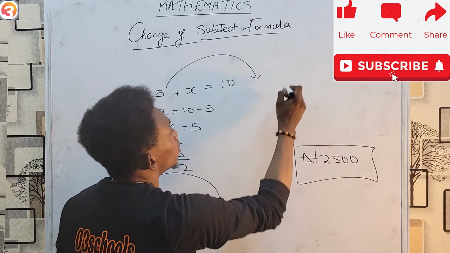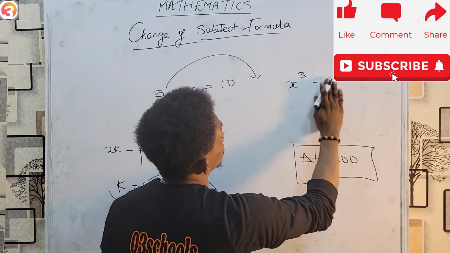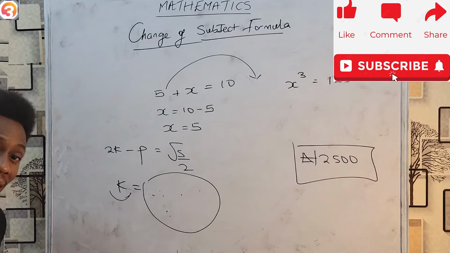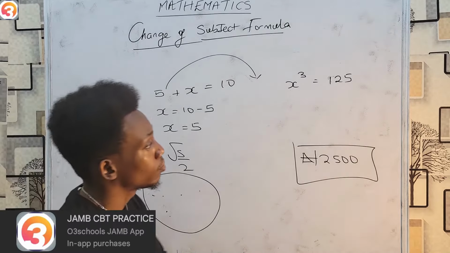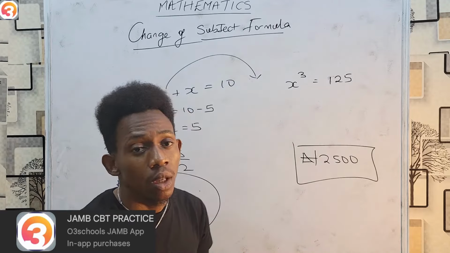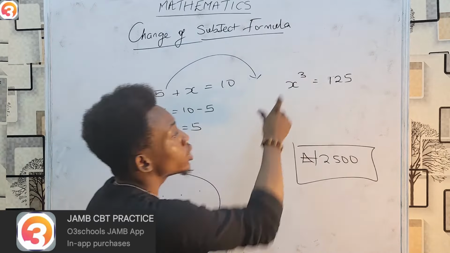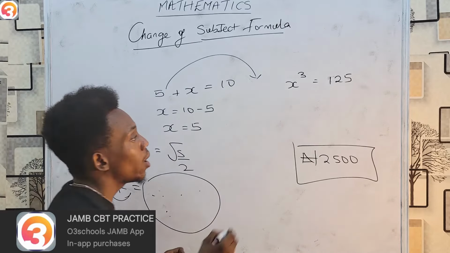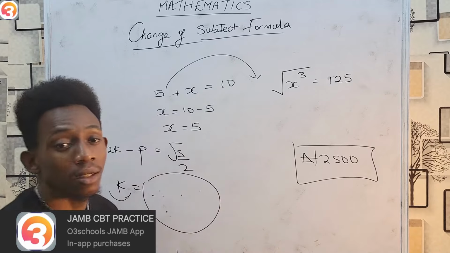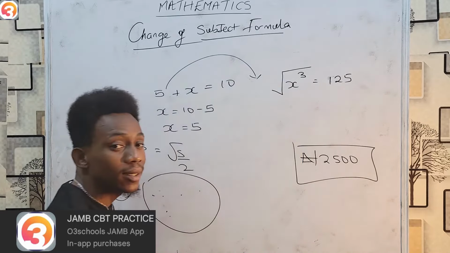Say, for example, x cubed equals 125. In that case, you want to find x, not x cubed. That means this cube has to go. So please note, if you ever have a power attached to a letter, to get rid of that power, you have to find the root of that number, but the root should be to whatever the power is.